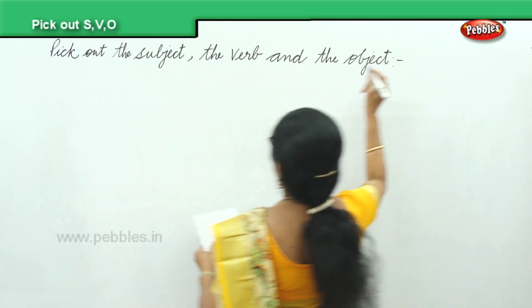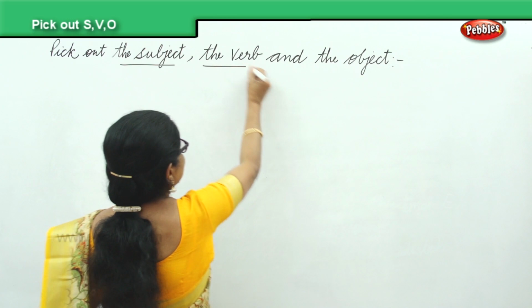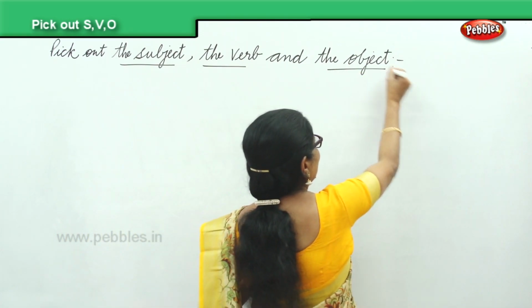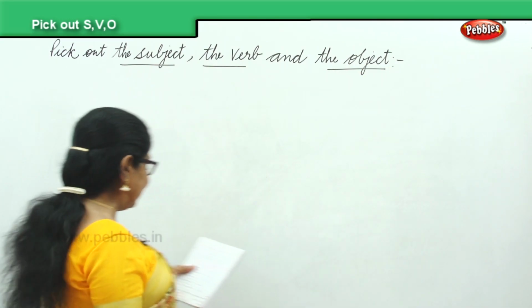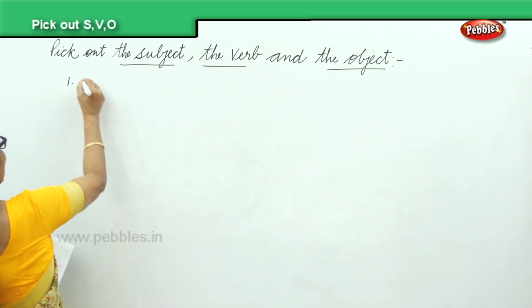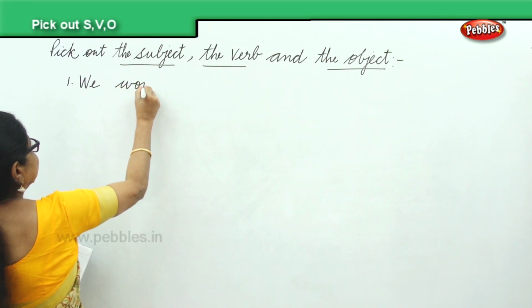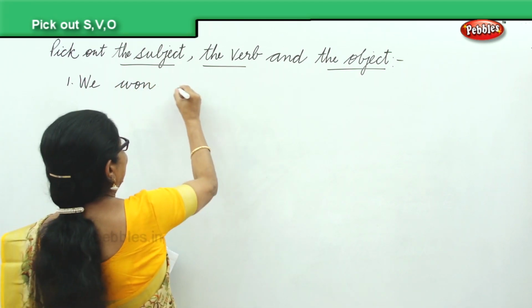So we are going to pick out the subject, the verb and the object from the given sentences. Okay, first one, we won the match.